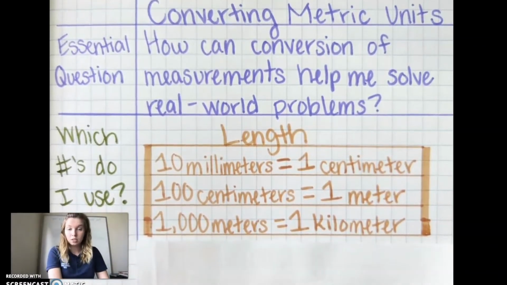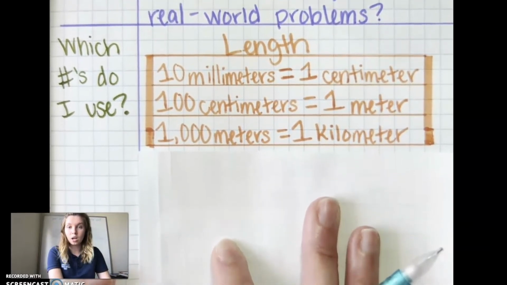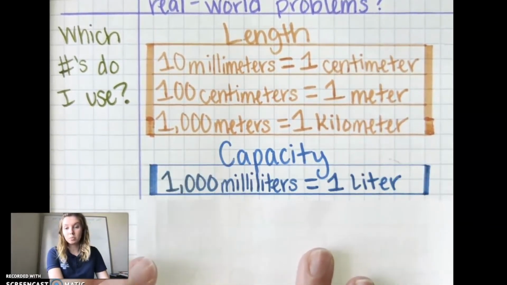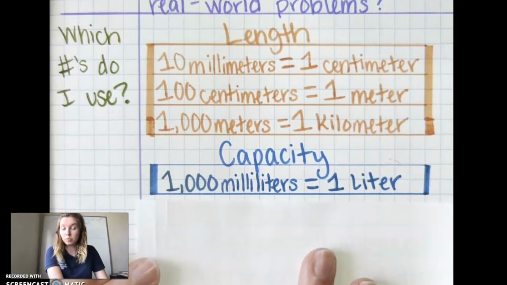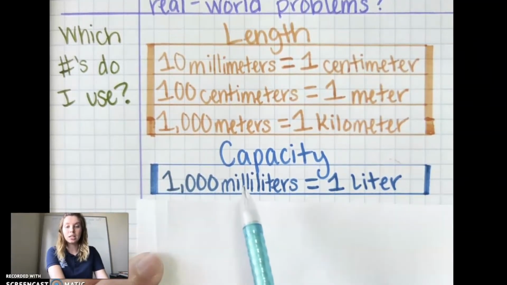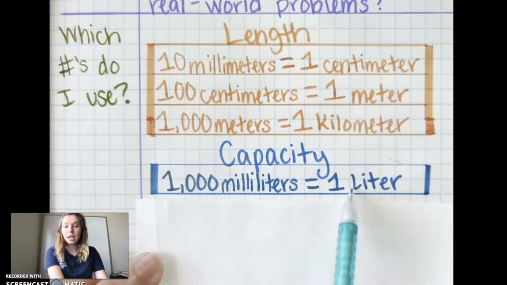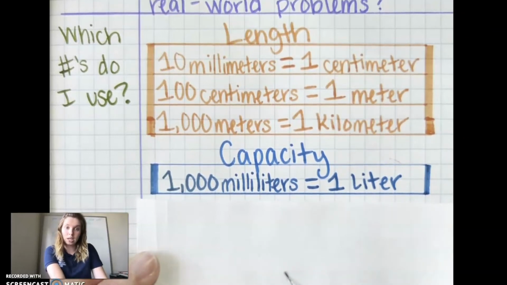After length, I'm going to move these notes up. We have capacity. The capacity table is very small because there's only 2 units of measurement we're using in 4th grade for capacity. That is milliliters and liters. There's 1,000 milliliters in 1 liter. So that's pretty easy.